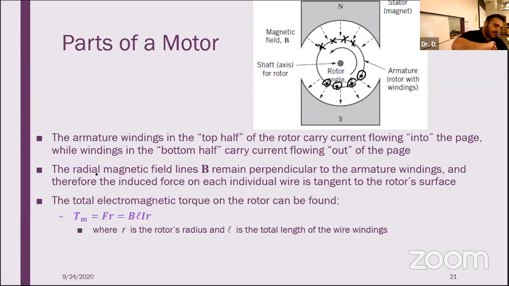And I think that if you've played with a motor before, this equation makes sense. Because the more current you give that motor, you're going to increase that force. You're going to make it spin faster.